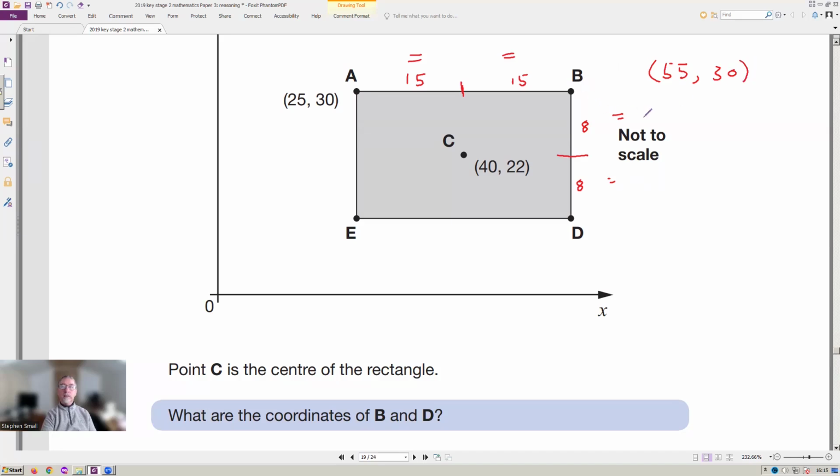Okay, and then on the D, the X is 55 still. And now the Y is going to be 30 minus the 8 and the 8, or you could just take 8 off 22. 8 off 22 is 14. And for completeness, I will just put them in the box.